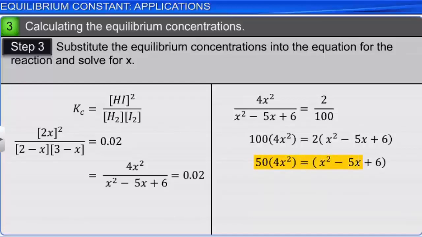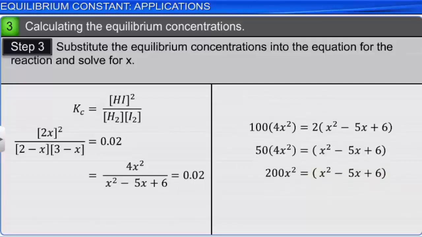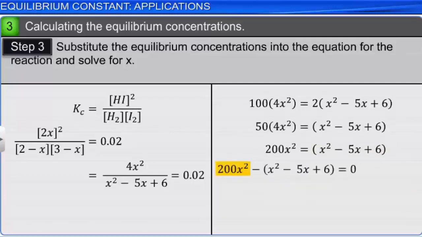This becomes equal to 200x square is equal to x square minus 5x plus 6. This equation can be written as 200x square minus (x square minus 5x plus 6) is equal to 0.